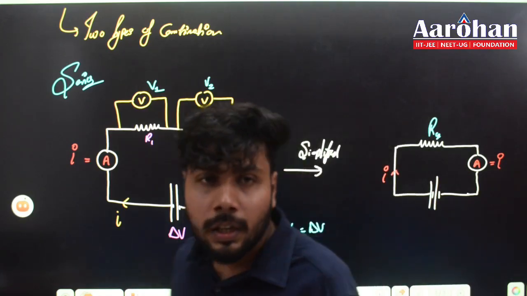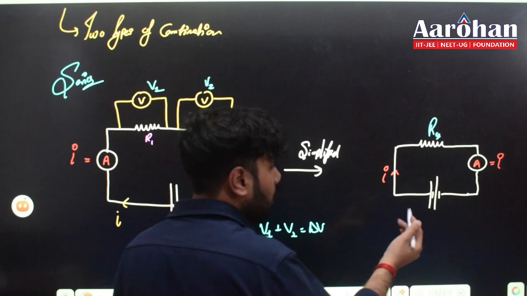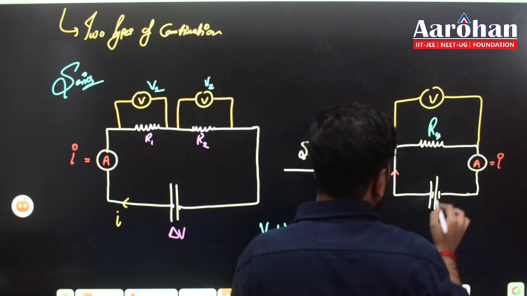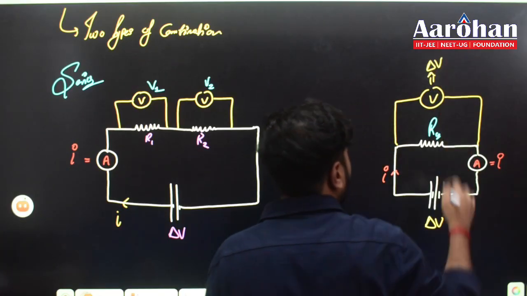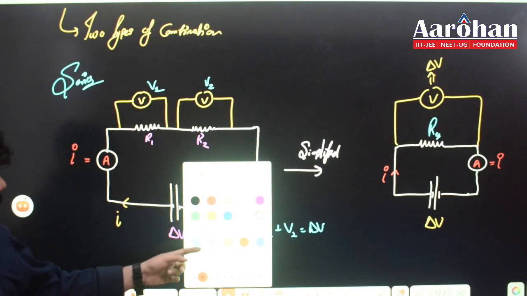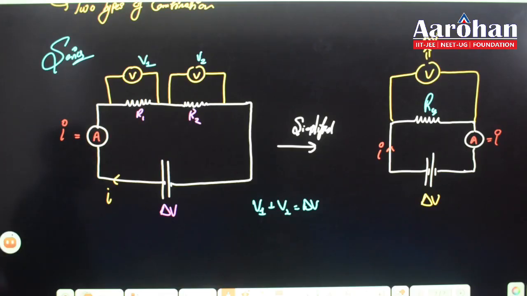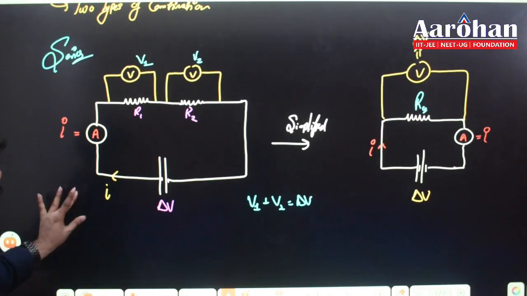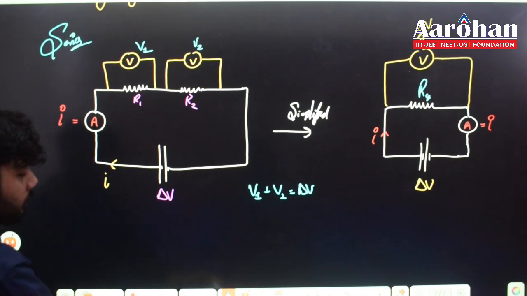This is the idea here, and because there is no other resistor, if you put the voltmeter across it, the battery potential is delta V, so it is also going to show you delta V. So what you found here is, in series, the potential difference across R1 and R2 will differ, but the current going through them is the same.